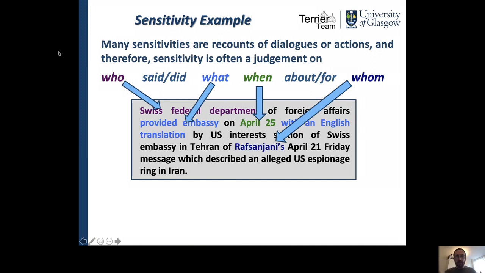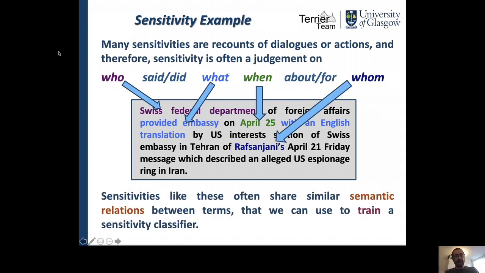So you can see these relations starting to build up in documents, and then hopefully we can start to identify which of these relations are likely to be sensitive. Many of these relations share a similar semantic notion, and we want to use that knowledge to ingrain that into the classifier and learn from it.